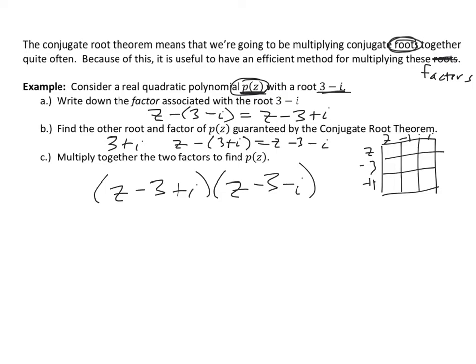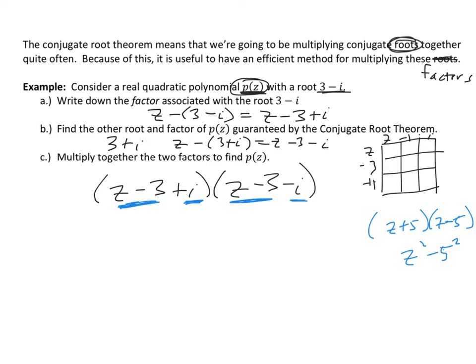So there's a really, really neat thing in here. If you look closely, you'll see that there's a difference of squares pattern happening. Do you see how this is z minus 3 plus i and then z minus 3 minus i? If I had given you z plus 5, z minus 5, I don't think you would have multiplied this out. You would have realized, oh, that's just z squared minus 5 squared.